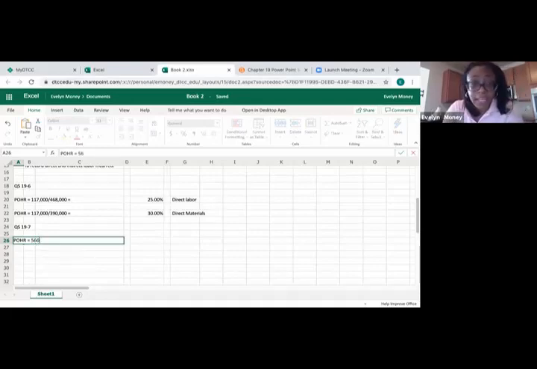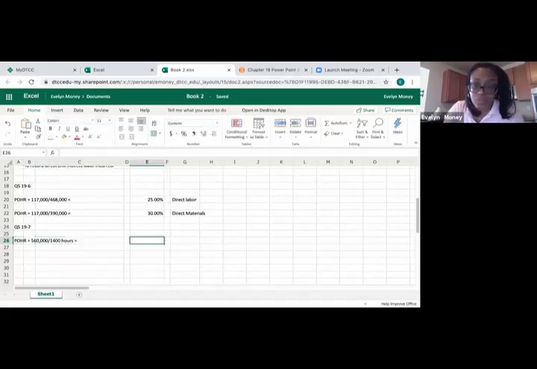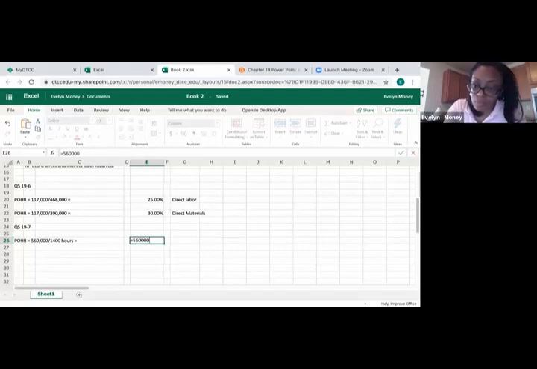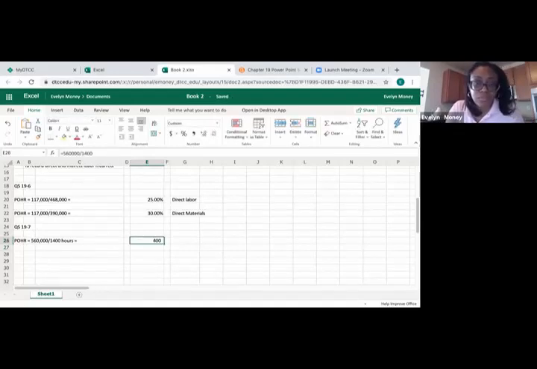So I'm still taking my estimated overhead cost first, and I am dividing that by my total estimated machine hours. And we see that the number is 400.